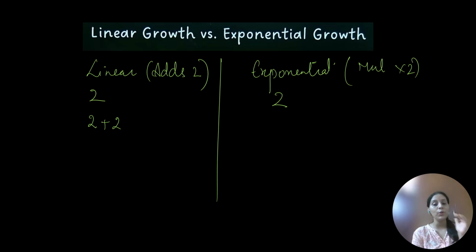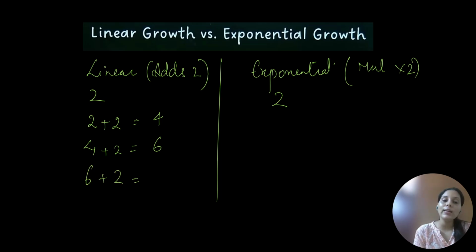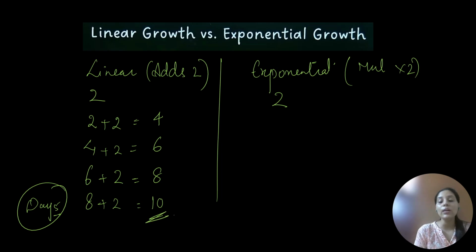Every time she is giving you +2. So second day पे you get 4 rupees. Third day pe what do you get? Again she gives you +2. So 4 plus 2, third day you get 6 rupees. Fourth day with 6, again you get extra 2 rupees, 8 rupees. Fifth day you get again extra 2 rupees, 10 rupees. So this is day 5. Day 5 पे you're having 10 rupees.